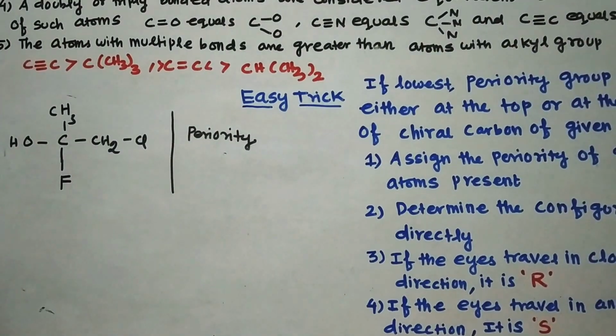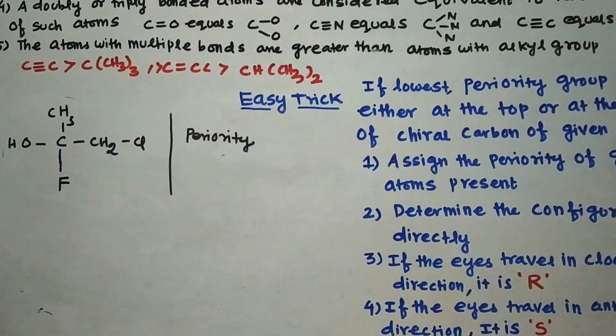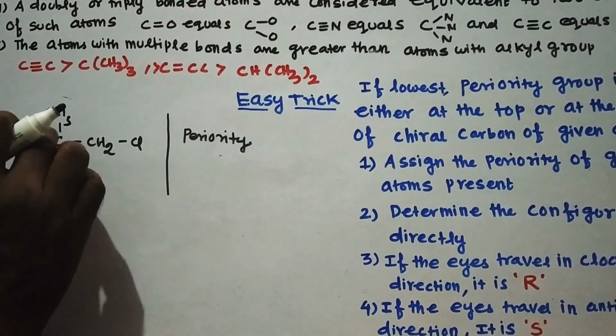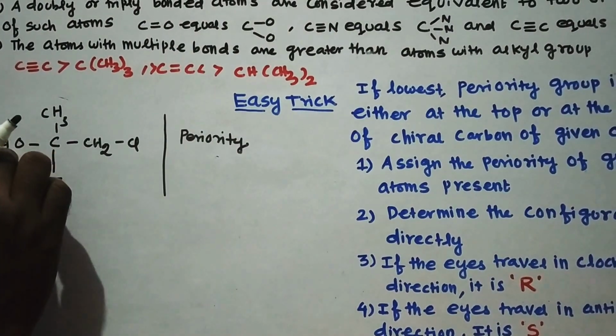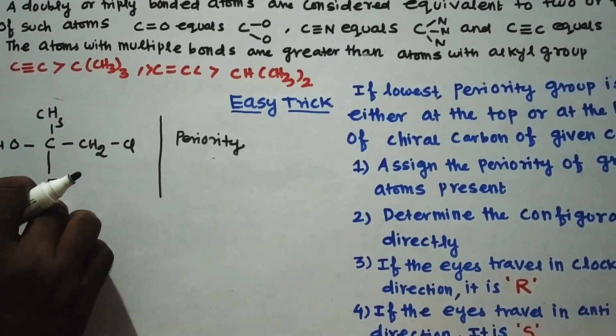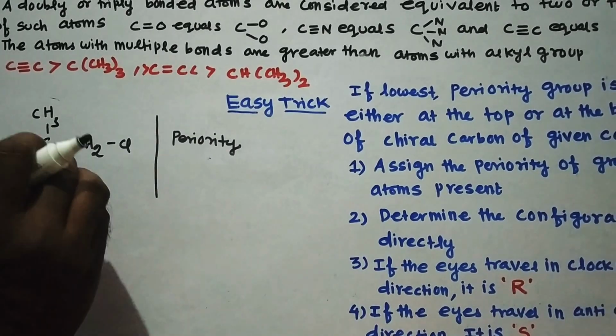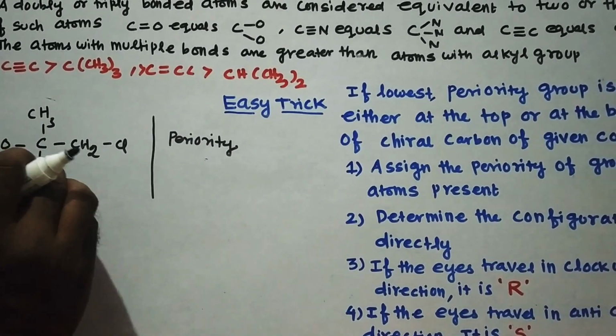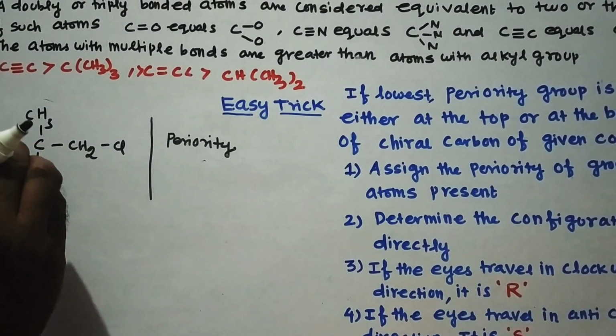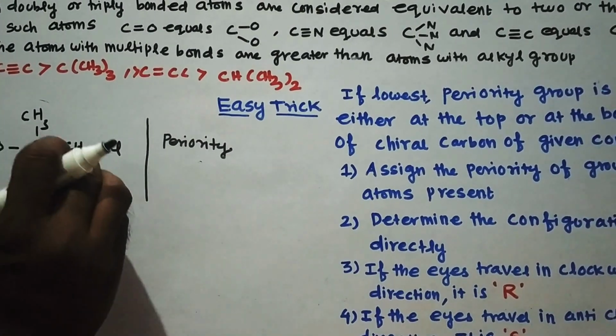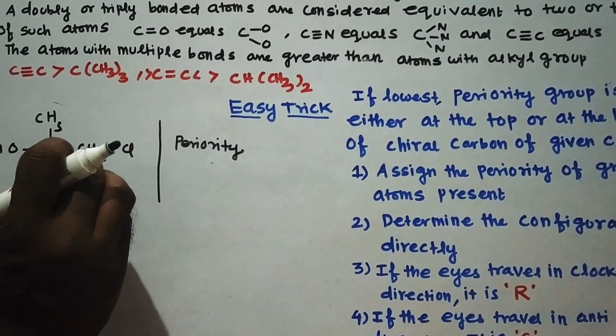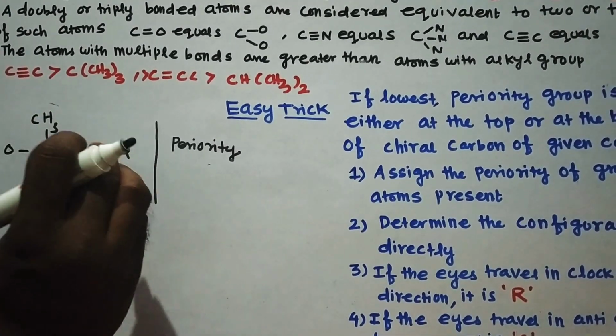Okay, students. Now we are going to see CH3, CH2Cl, OH, F. This is a very tricky one, so watch this problem very carefully. First, we assign the priority according to the atomic number of the atom directly bonded to the chiral carbon.